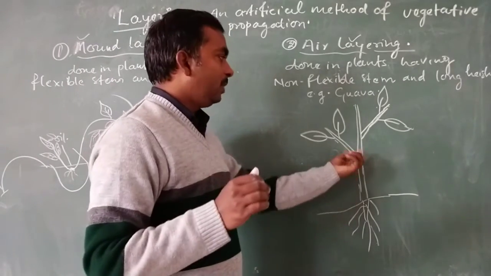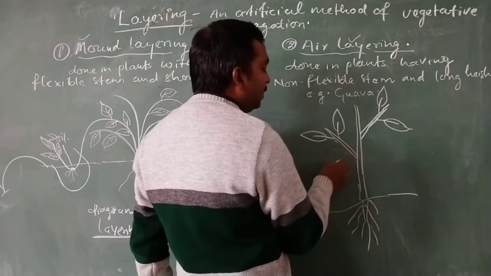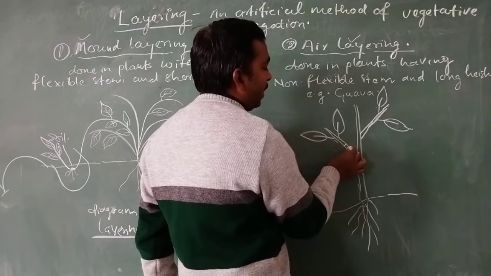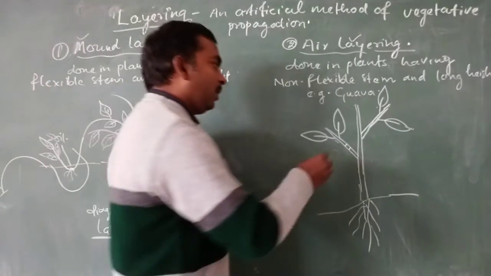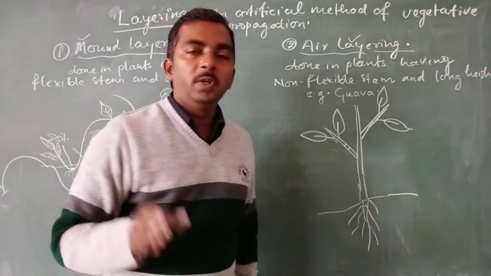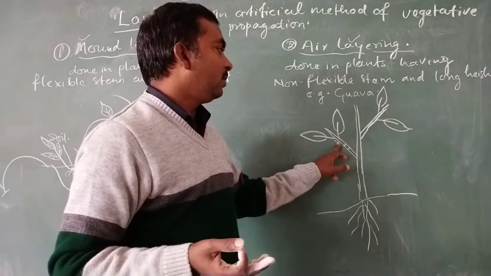From the diagram we use a single branch for doing air layering. So first of all we make a scratch or we remove the outer layer of the stem or branch in which we want to do the process of layering.